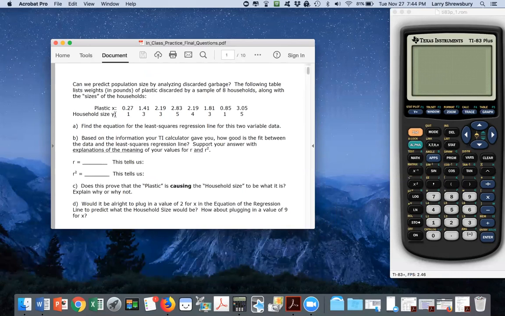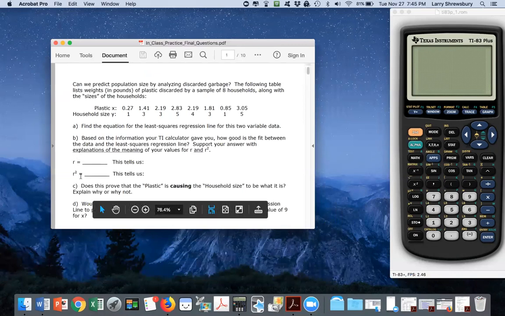So you've got this. And we want to find the equation of the least squares regression line. And this work is all being done on your calculator, so hopefully you remember how to do this. And you'll get the value for R and R squared. So you can put those numbers down, but then say in words, what does that tell us? What does this one tell us? And you're being specific for what R and R squared each say in their own special way about how strong the correlation is.